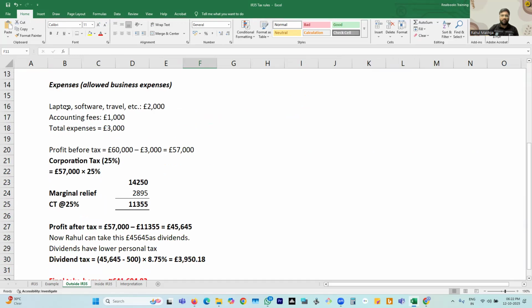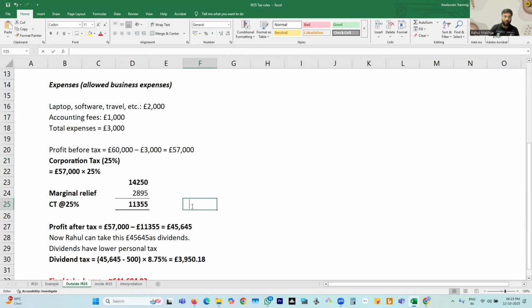Expenses are allowable. He purchased a laptop, software, travel, accountancy fees, and total expenses, supposing, come to £3,000. Now, profit before tax would be 57,000, and our corporation tax is 25%, and marginal relief would be 2,895. You can even check this marginal relief at the HMRC website only. So your corporation tax payable would be 11,355 here.